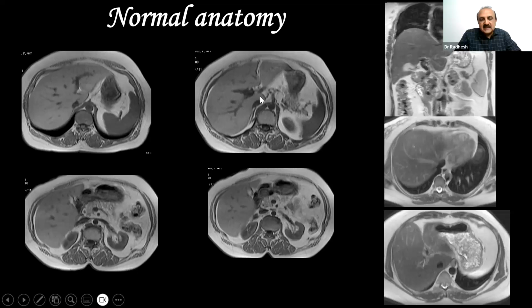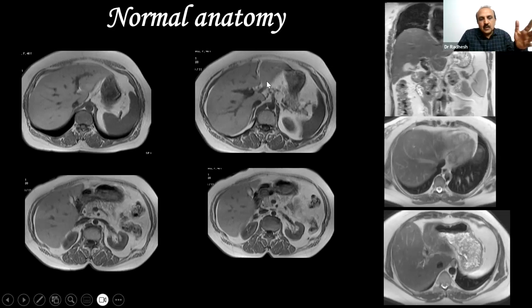So this, you see it as a tongue-like projection going anterior to the inferior vena cava, and it is posterior to the portal vein. So this is the caudate. And this one is the falciform ligament here. You see this? So this is the one which divides segment 4 from segment 2 and 3.